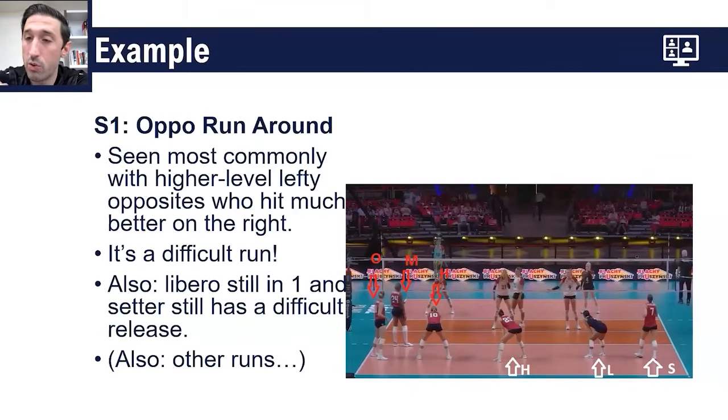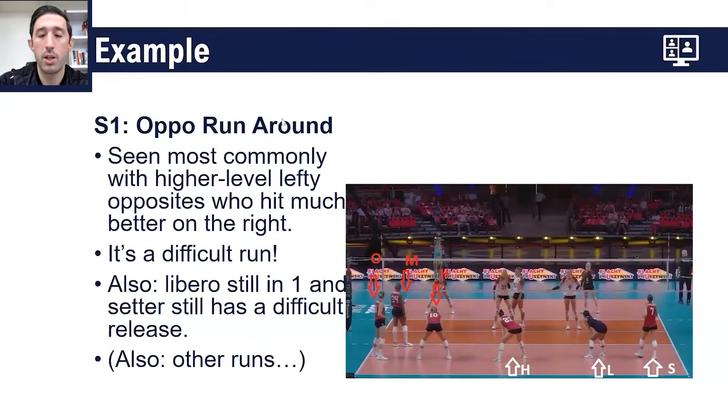And it's still a difficult release for the setter. So we're optimizing attacking locations, which is fine as we get to these higher levels. But it's something that I wouldn't automatically just copy because you see a national team or a professional team do it, if you're a high school or college coach. I would definitely consider it, but I want to make sure it's the right alignment for you before you try this one.